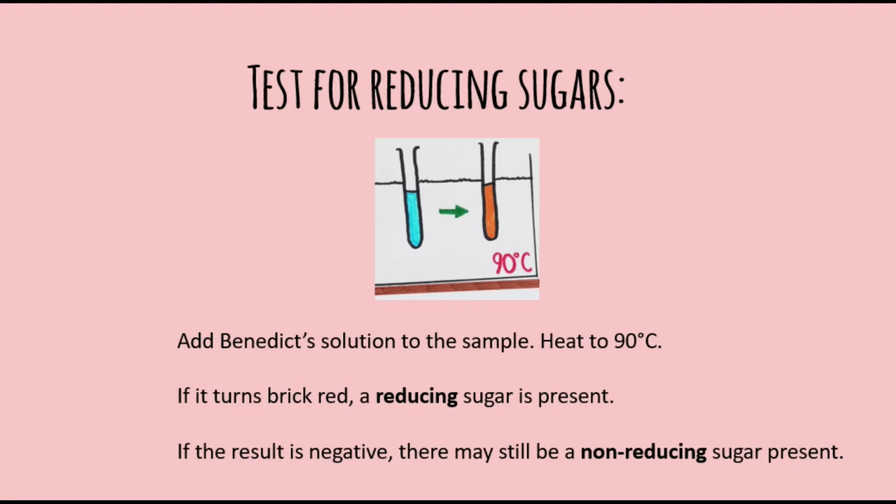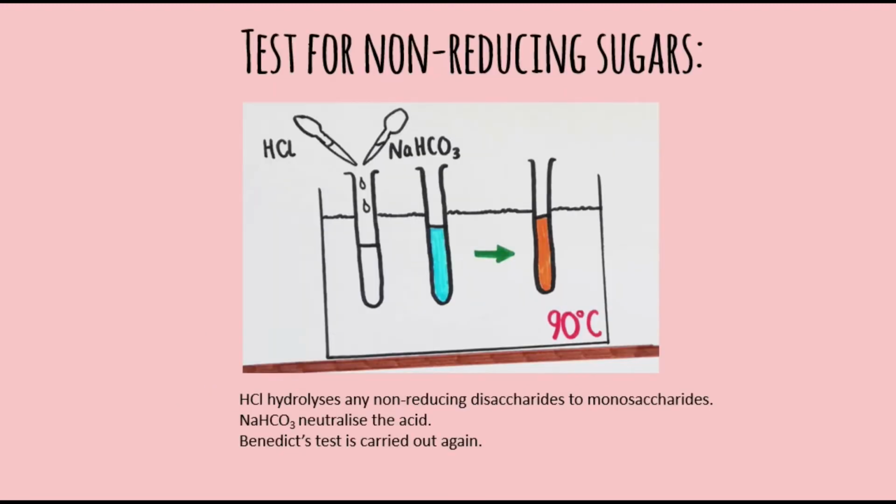To test for this, we get a fresh sample of the food and we heat it with hydrochloric acid. The acid and heat break down any disaccharides into monosaccharides, which, as we know, are always reducing. Next, we neutralise the solution with sodium hydrogen carbonate so that the Benedict's test will work.